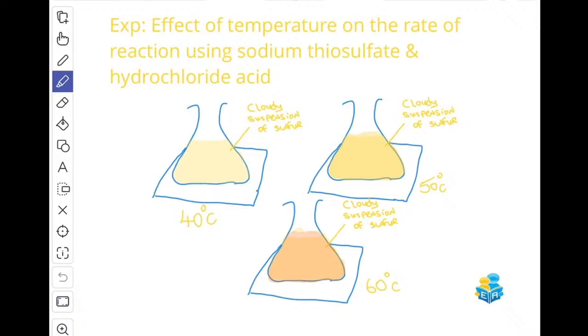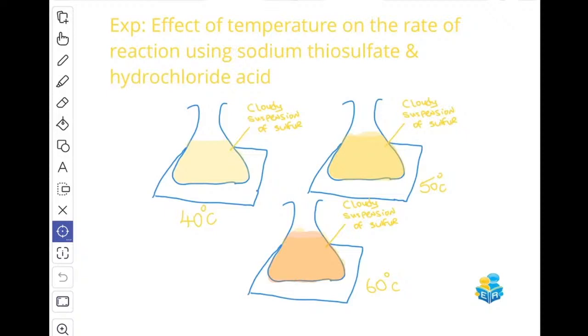So as you can see here, I've done out 3 different temperatures for us. I've done 40 degrees, I've done 50 degrees, and I've done 60 degrees. So the cloudiness will form quicker at 60 degrees because there is a higher temperature, so there is more energy for the particles to move around and react with each other.